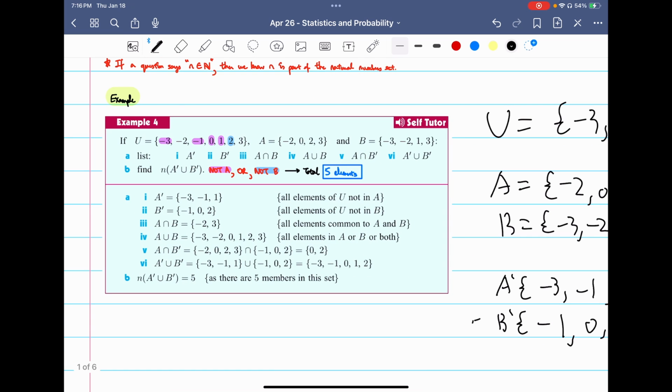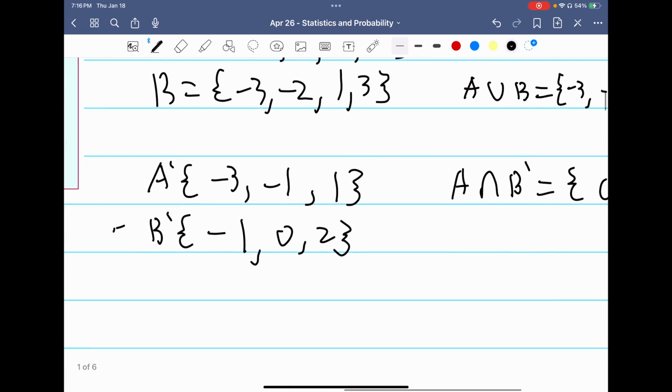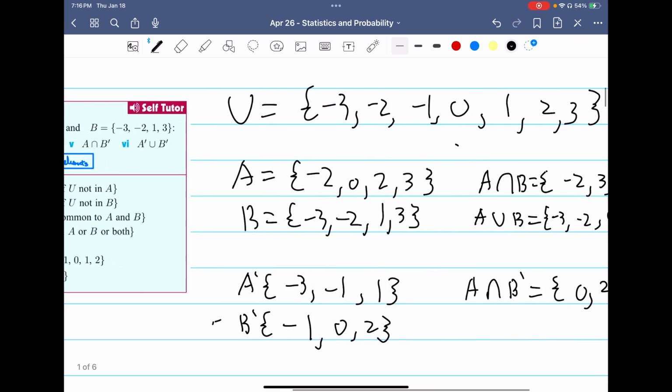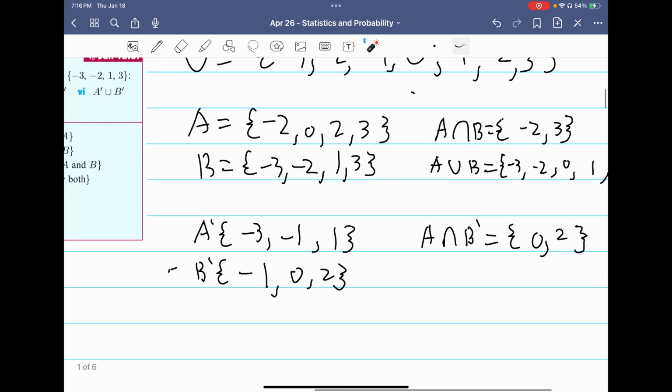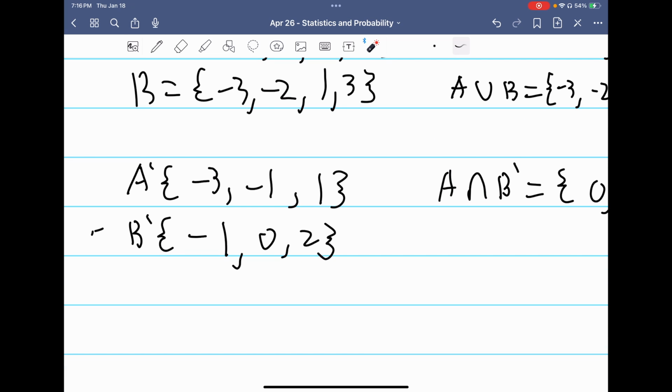And then for A naught and B naught, the next question was to get the union of A naught and B naught. Because we already have the A naught and the B naught set values from the previous question, we just have to get the union of these.